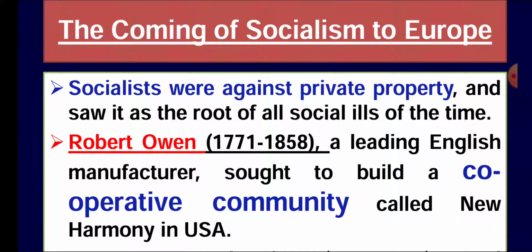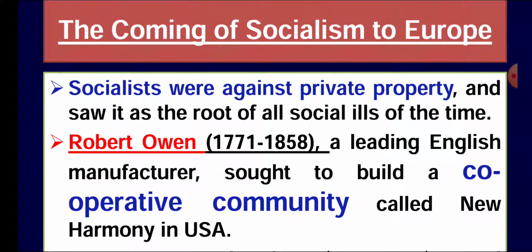Here we have the next para of this chapter, the coming of socialism in Europe. Socialism is a political and economic theory, a theory of social organization which advocates that all the means of production, land, and property should be regulated by the government or the community as a whole.